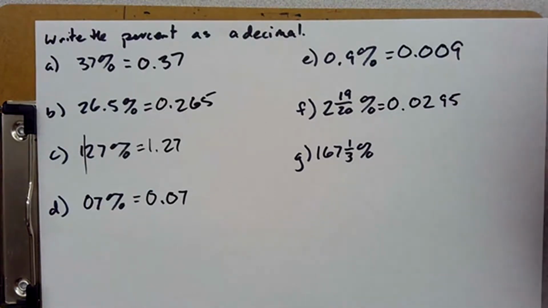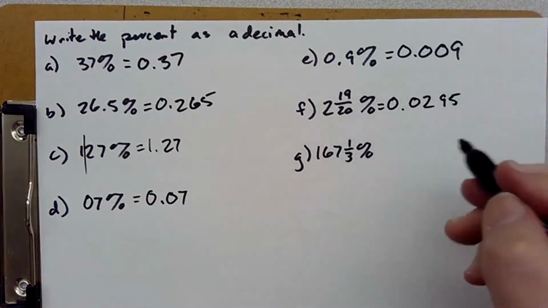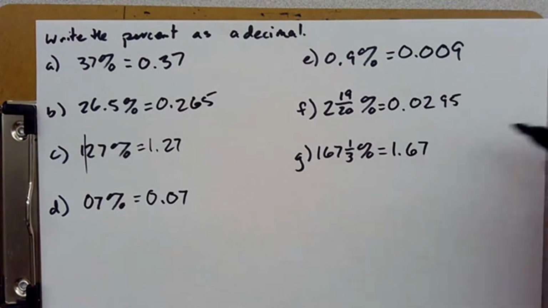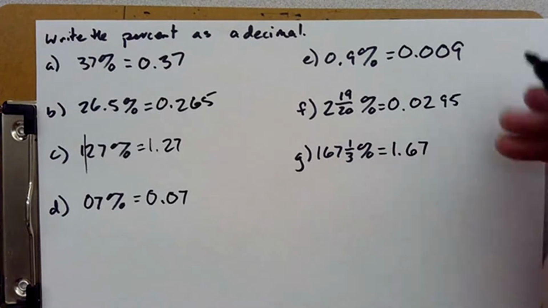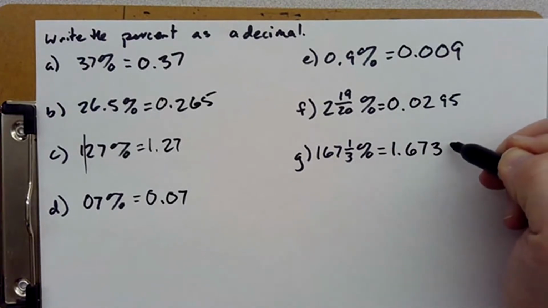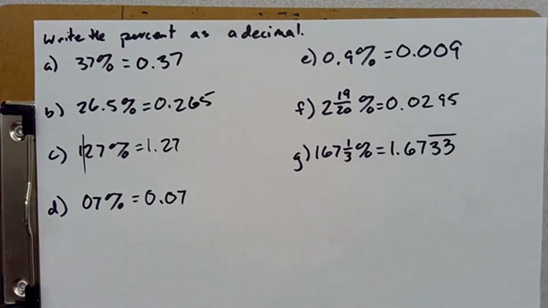So this is 0.0295. Finally, we've got 167 1/3%. Okay, well, the 167, that's 1.67. Then the 1/3, we know that 1/3 is equal to 0.333. I'll just put 2 3s there and indicate that they repeat forever.